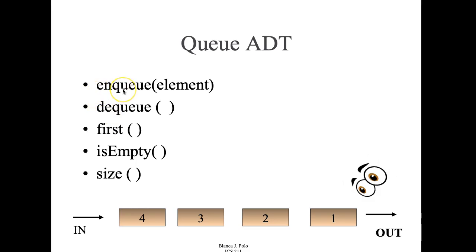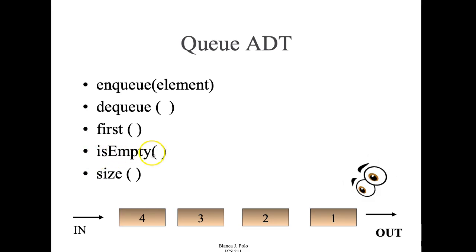So we enqueue to add, and we dequeue to get out. In the stack, we will peek at the element that was at the top. In the queue, we're going to say first, and that means that we're looking at the first element, the element that is next in line to actually get out.